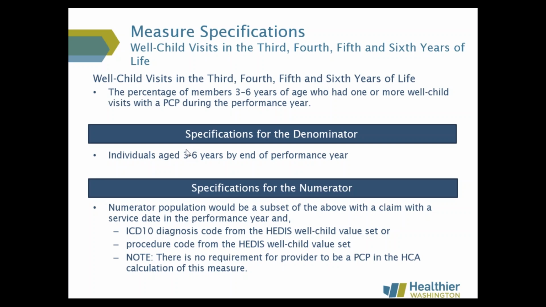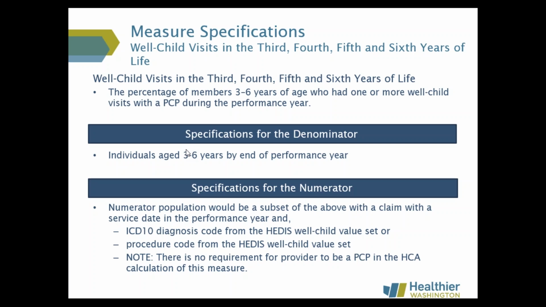And another point to clarify here is that when an MCO is able to report on this measure, they have the ability to incorporate other sources as well beyond the administrative claims. Unfortunately, we are not able to do that. So the numerator criteria has to be met solely by the visits that are captured by administrative claims in this measure.